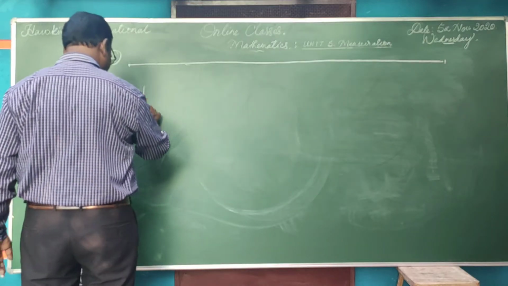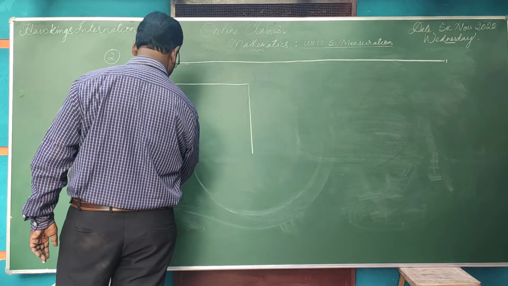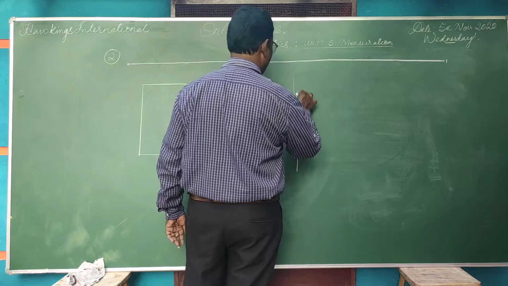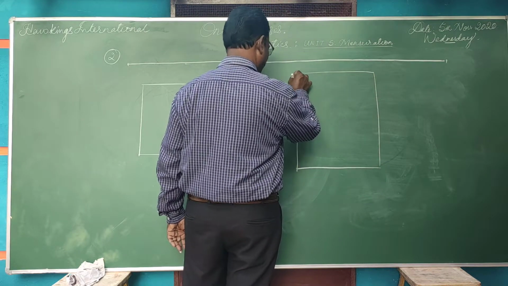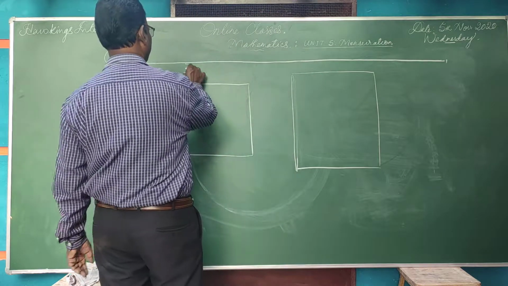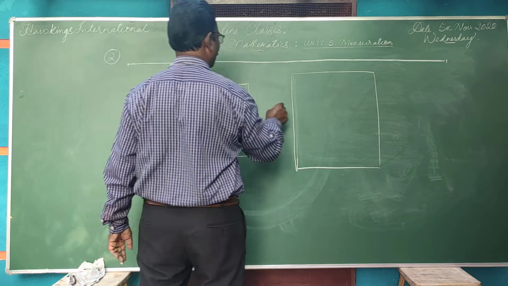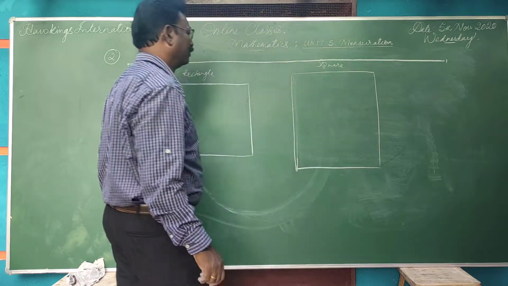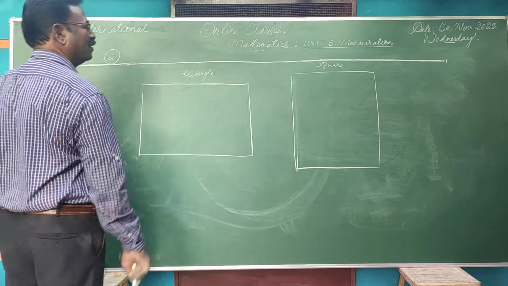For example, you can make it into a rectangle, or you can make that into a square. The same rod, let it be even big also.